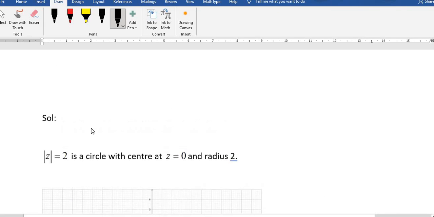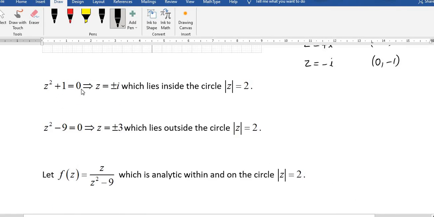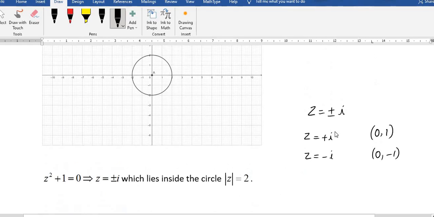So, observe z equal to plus or minus i. z equal to plus i means the point is (0, 1). The real part is 0 and the imaginary part is 1. z equal to minus i means the real part is 0 and the imaginary part is minus 1. (0, 1) is this point.